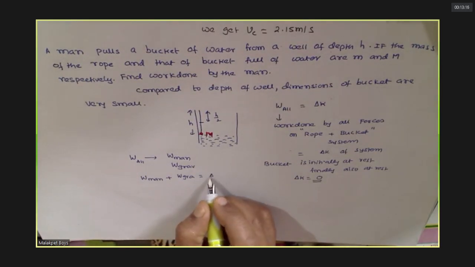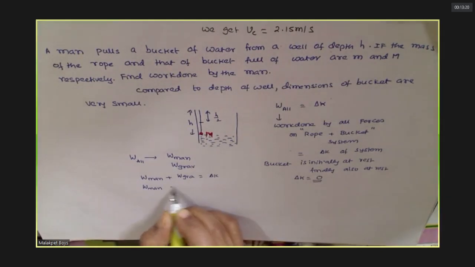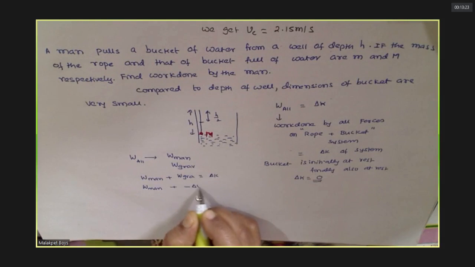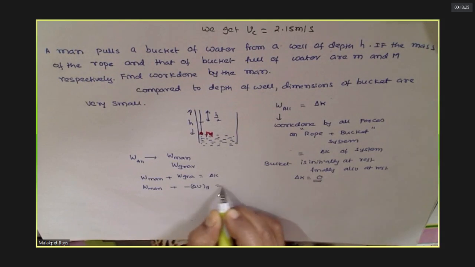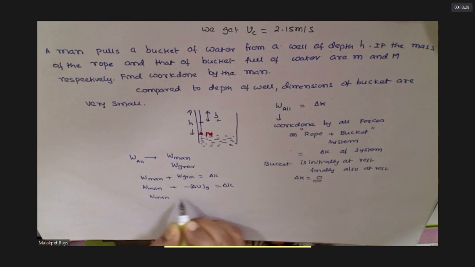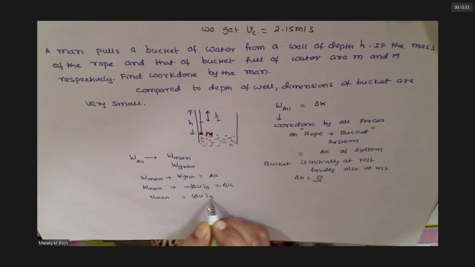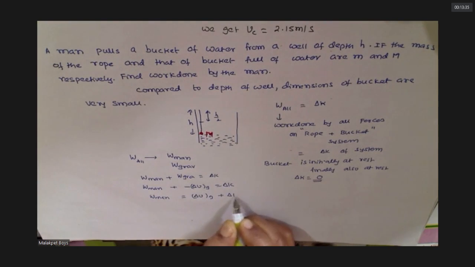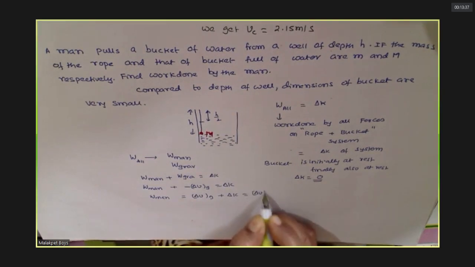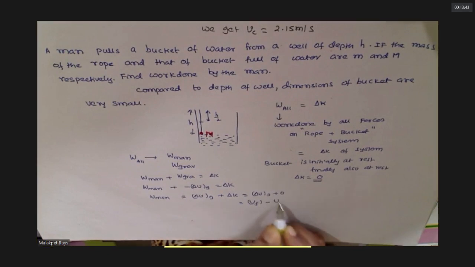Now, gravity is nothing but minus delta U of gravitational potential energy, no? Gravity is a conservative force, no? Kinetic energy change is zero. This is final potential energy minus initial.